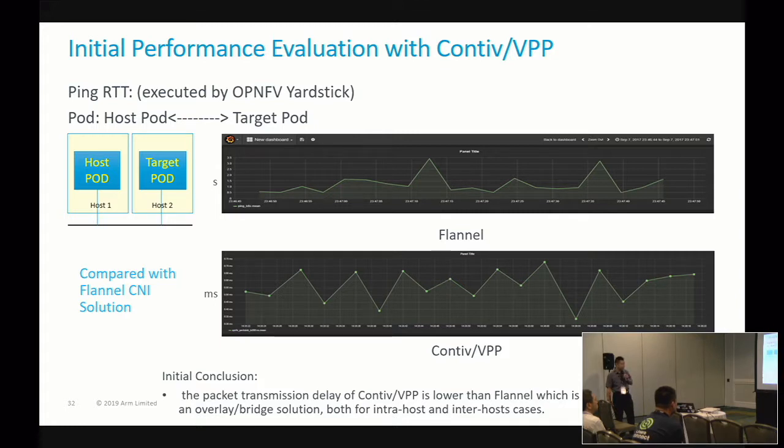For ping latency, we gain a factor of 1,000 times: the upper graph is at the second level, and with Contiv VPP, the port-to-port communication latency is reduced to millisecond level.